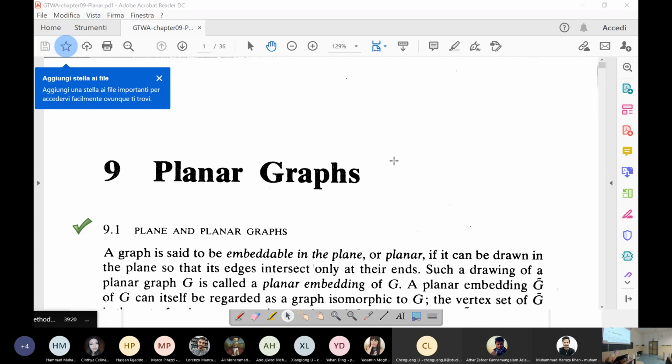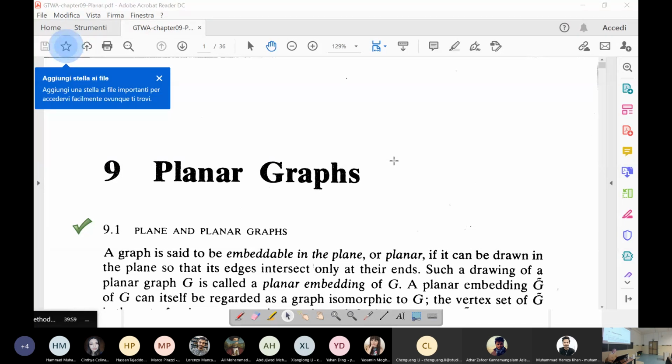Anyway, we draw graphs by points representing vertices, curve arcs representing edges which join the points representing vertices. And what happens is that sometimes we can draw these diagrams of the graphs we are interested in in such a way that the arcs representing edges just intersect at the vertices, and that is the case of planar graphs.